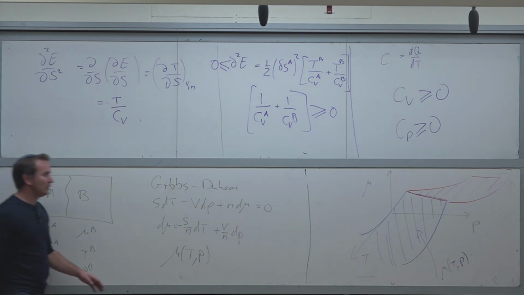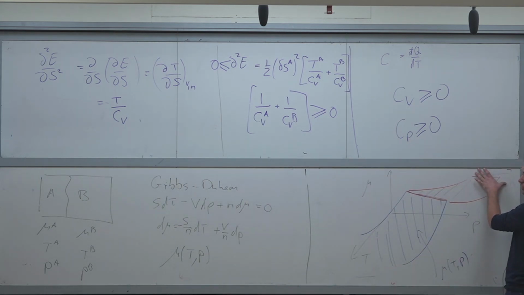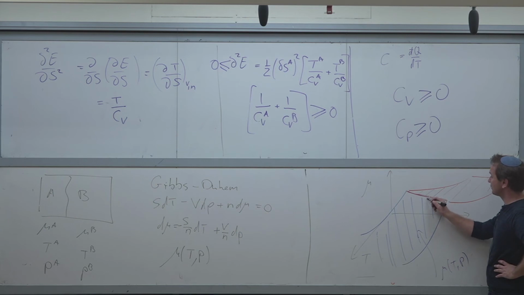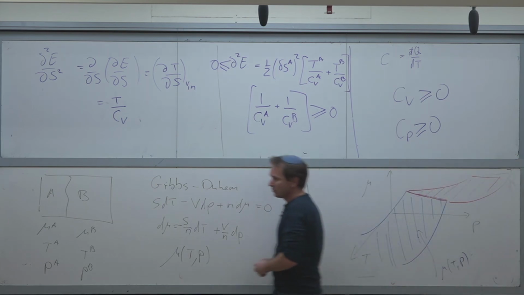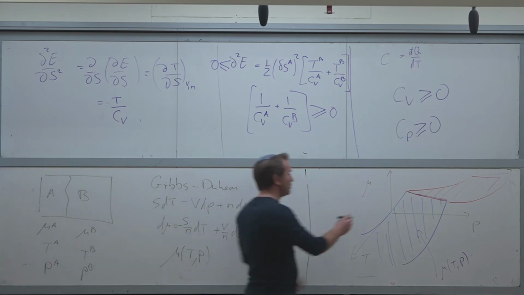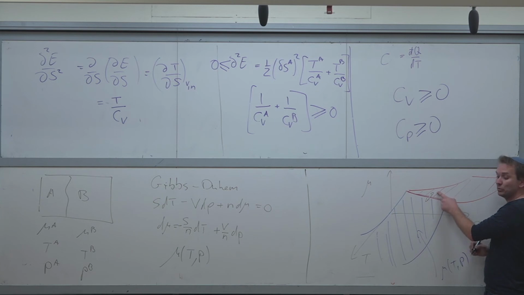Okay, so let's now look at this hypersurface over here, the total chemical potential. The behavior over here basically says that if I'm crossing this line, mu is almost not changing from this point to that point. Nothing really happens, right? Mu is a continuous function.